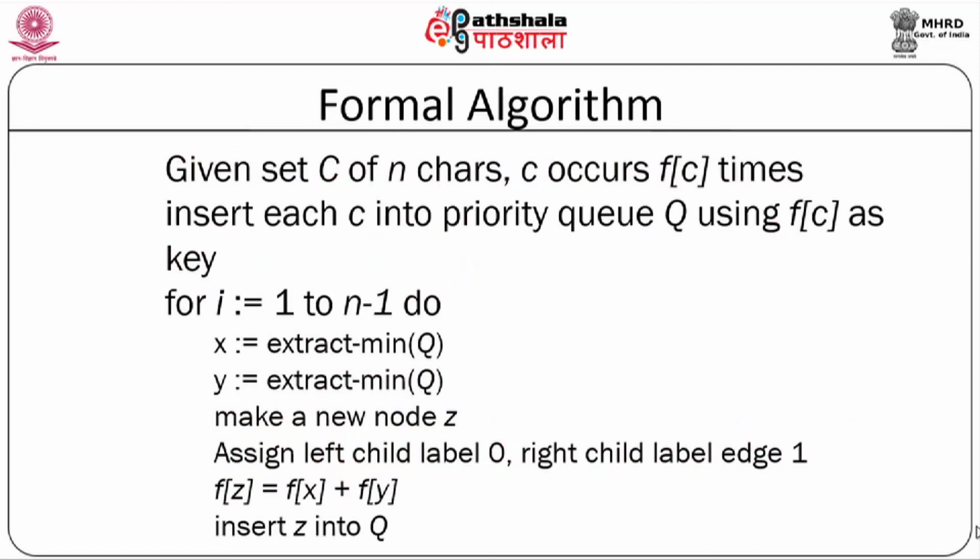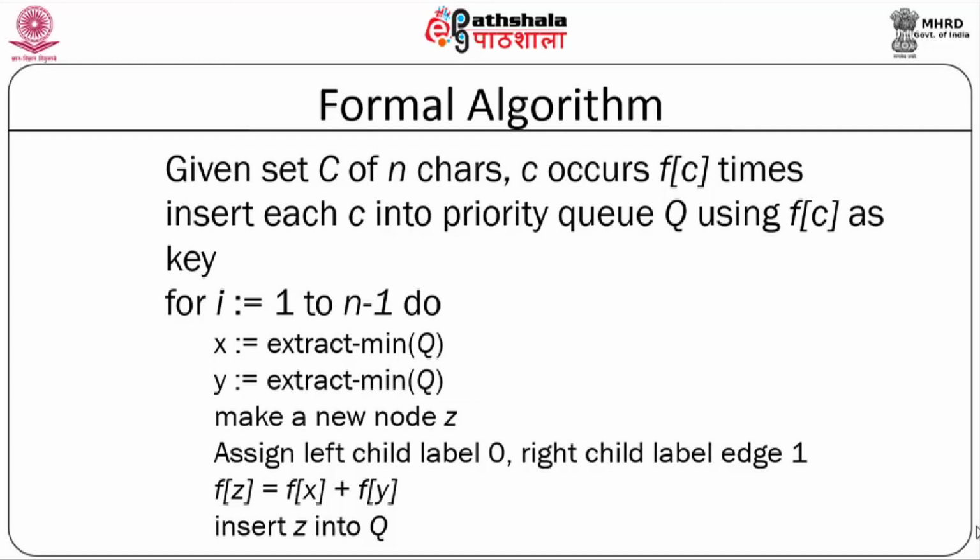So, this is the formal algorithm. You can see that a priority queue is used. We take each character C and put everything into the priority queue with f of C as the key. Then we extract the minimum from the priority queue, so the two least frequency items are output.